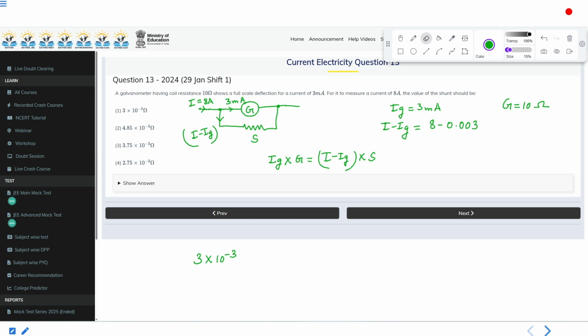For simplicity we can write it as 8 minus 3 into 10 to the power minus 3, so it will be solved easily.